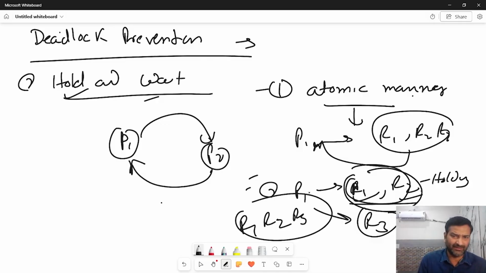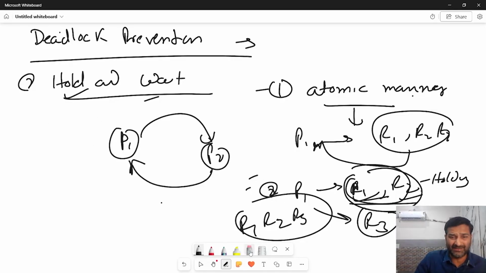So if P1 has R1 and R2 and needs R3 also, first release R1 and R2, then allocate all three together. These are the two approaches by which we can avoid hold and wait.